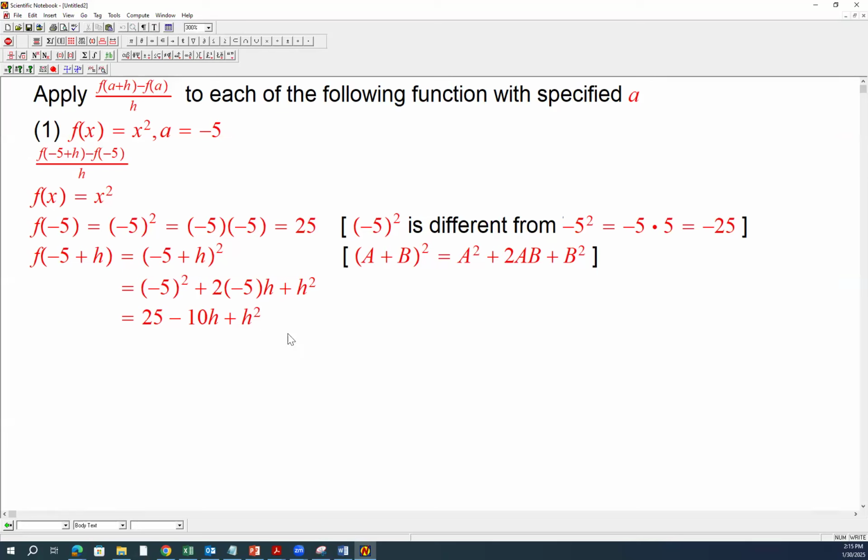All right. And now we got f of negative 5 and f of negative 5 plus h divided by h, right? We can do this gradually.